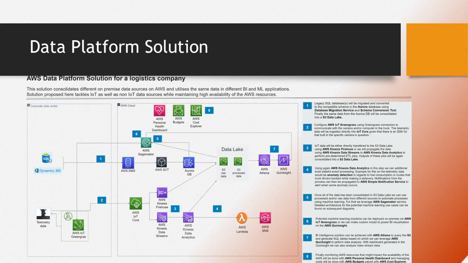And the reason why we need the Data Migration Service and Schema Conversion Tool is that obviously we need to migrate it, so we need to connect over the internet and then send the data slowly over the internet to the AWS cloud. But with the Schema Conversion Tool, we need to convert the SQL Server to the Aurora database, because the Aurora database does not recognize this schema.